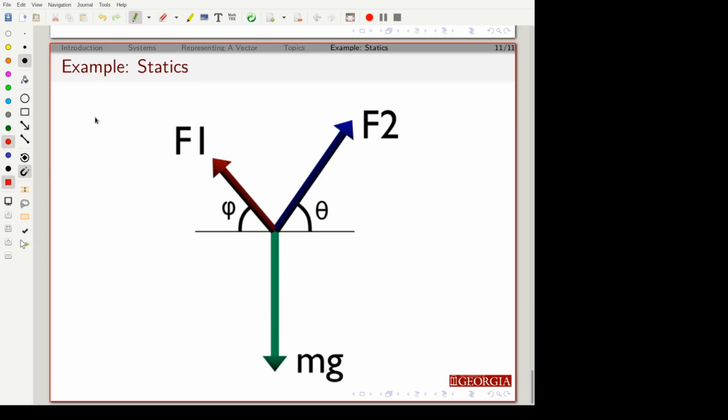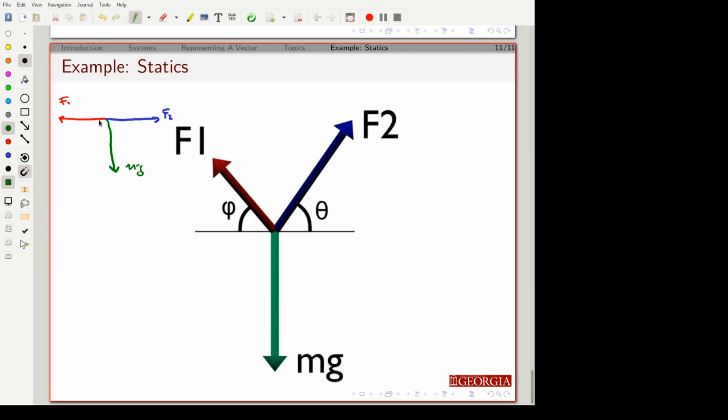I can have a situation, for example, here, where everything balances out and it makes sense. What happens if my angles are such that f1 and f2 are parallel with the horizon? If that happens, this diagram now looks like this.